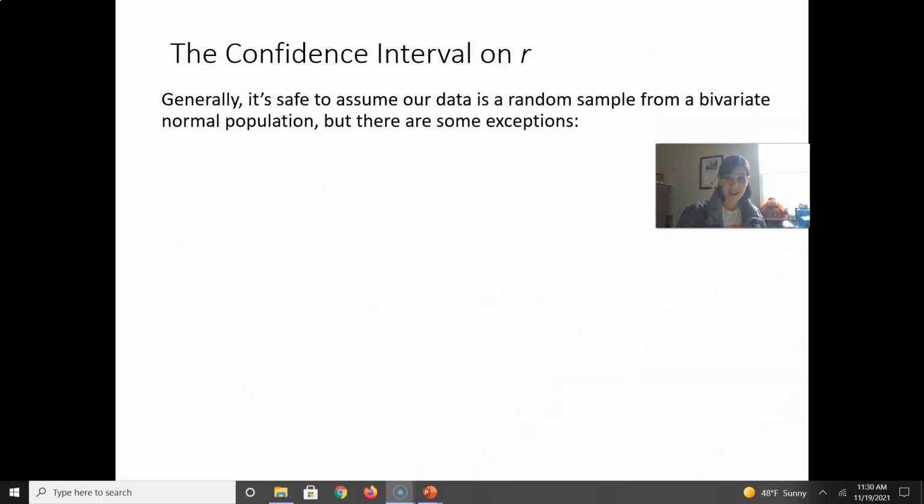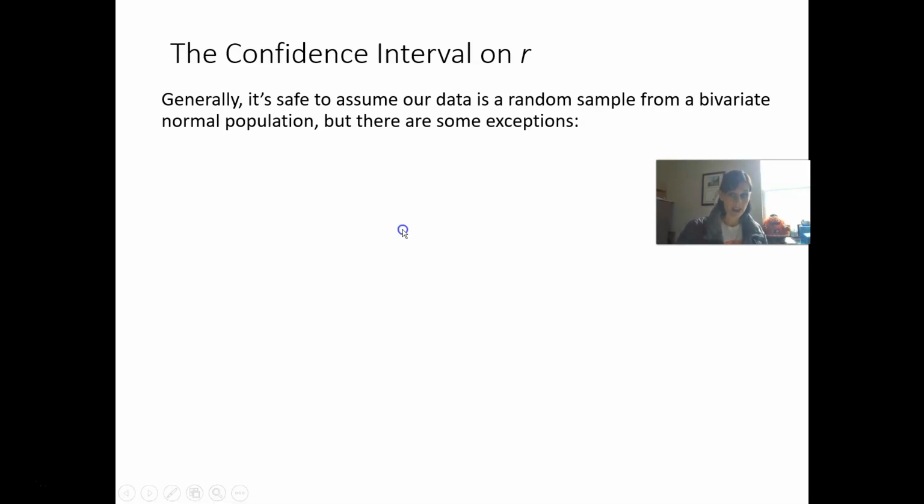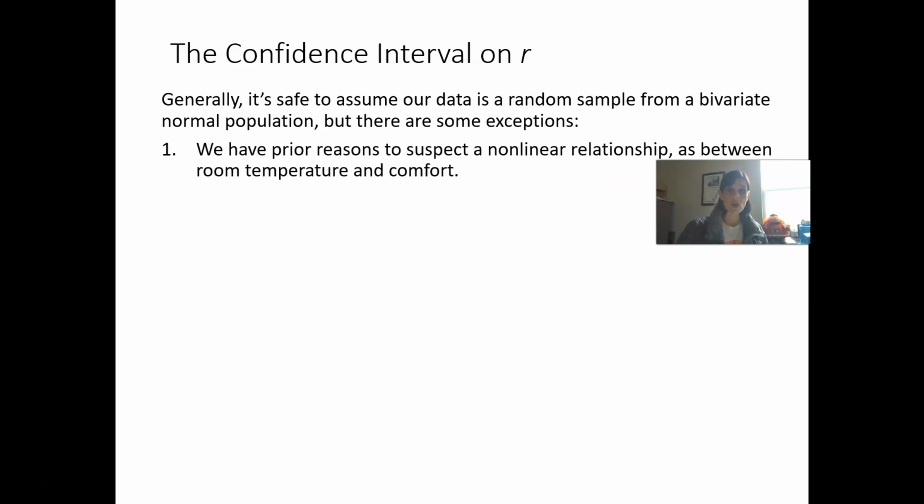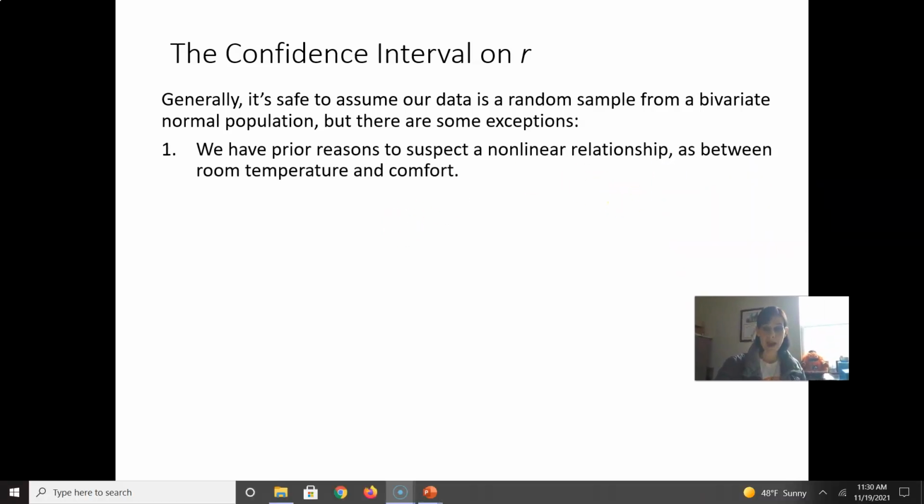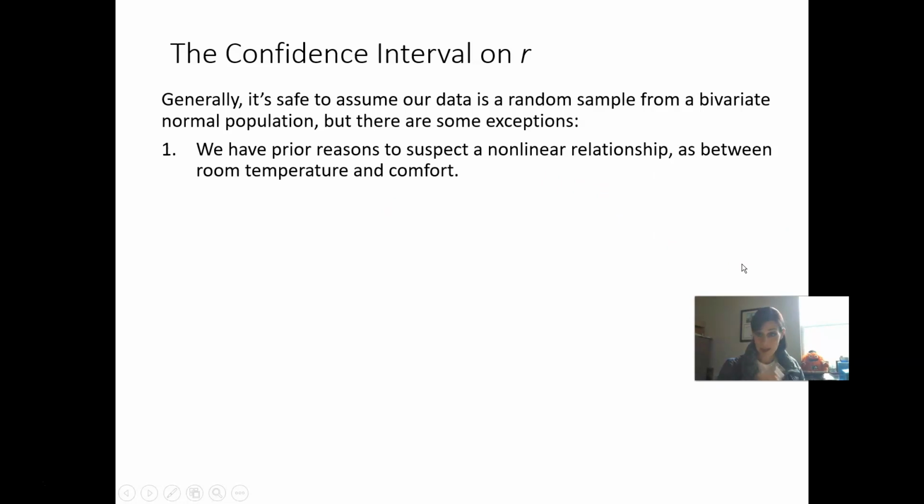Now, generally, it's going to be pretty safe for us to assume that our data is a random sample from a bivariate normal population, but we are going to have some exceptions. This would be the case if we already know that we are dealing with a nonlinear relationship, such as we saw between room temperature and comfort, where it made a parabolic shape.